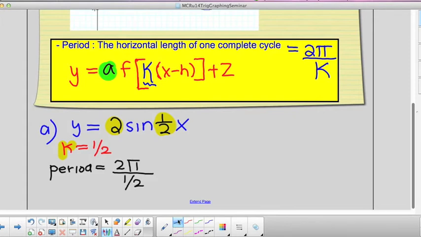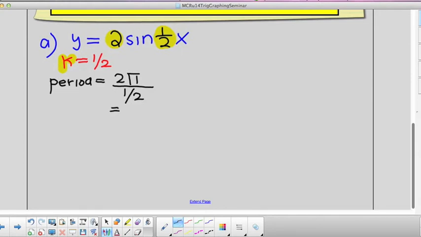That's the same as 2 pi divided by 1/2, which is the same as 2 pi multiplied by 2 over 1. So my period in this case is 4 pi. 4 pi is basically 4 times 180 degrees, or 360 degrees plus 360 degrees, 720 degrees.